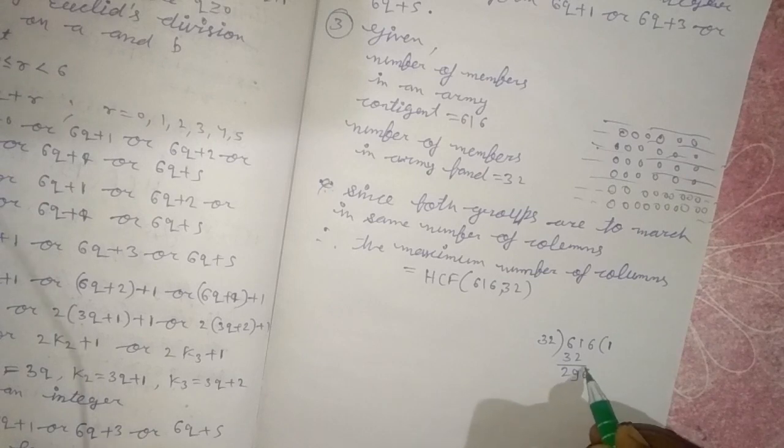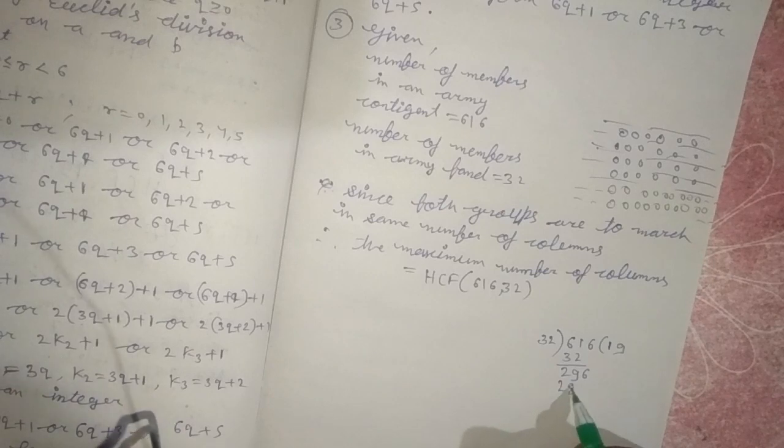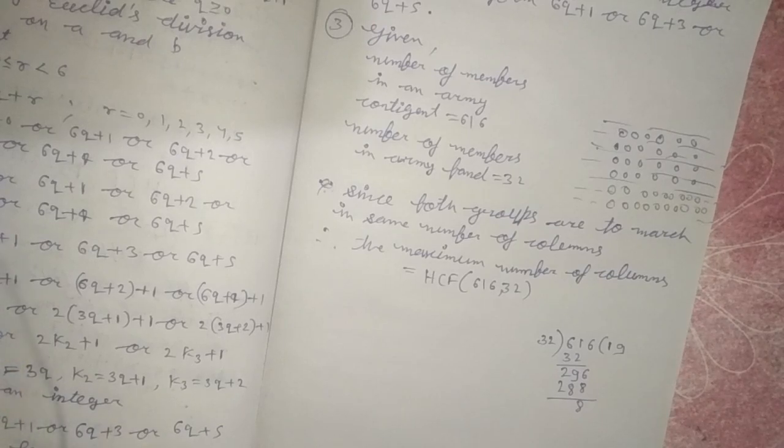Write down 6. Again count the table of 32. So 296 goes in 9 times. We get 288. When you subtract, you get 8. Now in the next line, 8 becomes the divisor and 32 the dividend. It goes in 4 times. So we write 32, and in the last line write the remainder as 0.